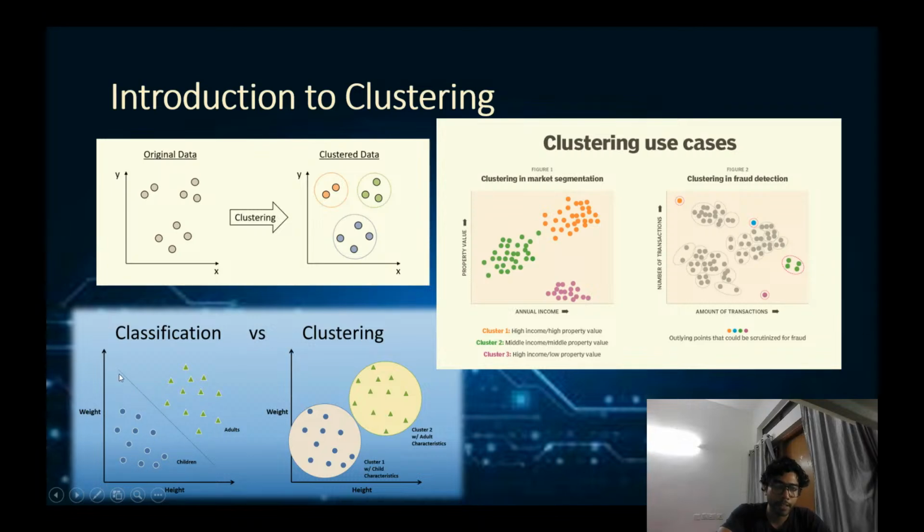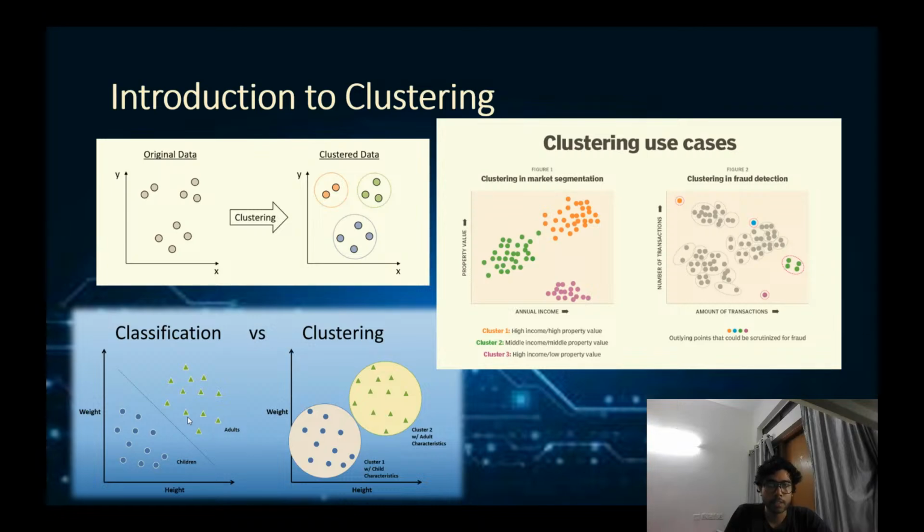With that, you can draw a line and form a logistic regression model. We have seen how we can make a logistic regression model. So why do we need clustering? We could do a good enough job with classification or logistic regression. So the question is, why do we need clustering?